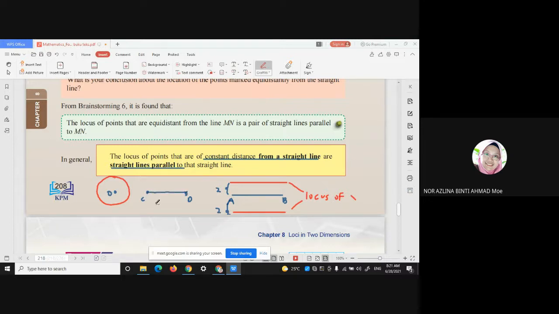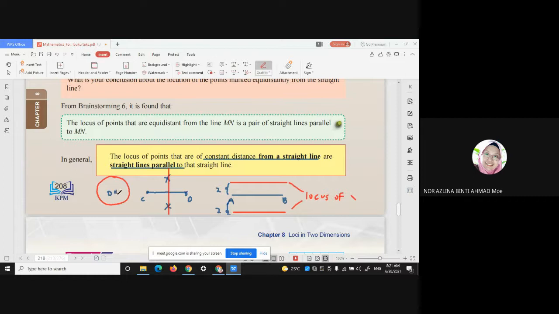So what is the locus equidistant from C and D? We draw the perpendicular line from C and from D using compasses, and you draw the line. Okay, this is the locus.